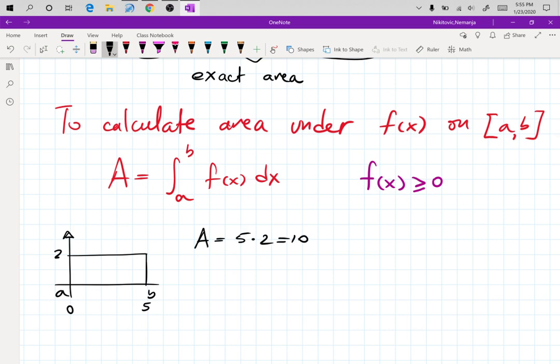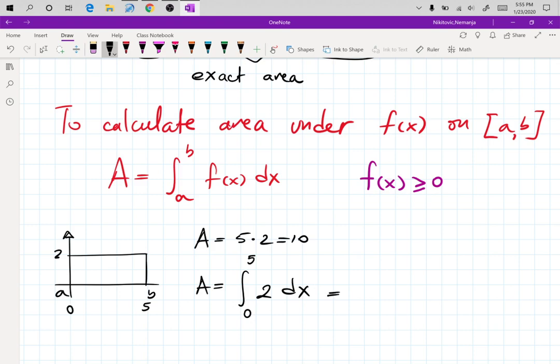But we also can use the integral to calculate this, because area is the integral from 0 to 5, because those are your a and b limits on the x-axis. And then we have our function, which is a straight constant line of y equals 2, f of x equals 2, so it's just 2 dx.